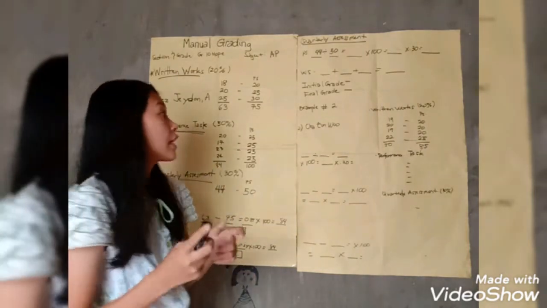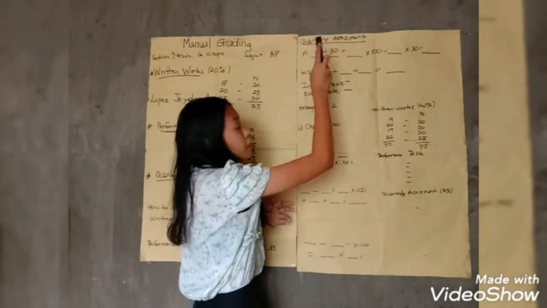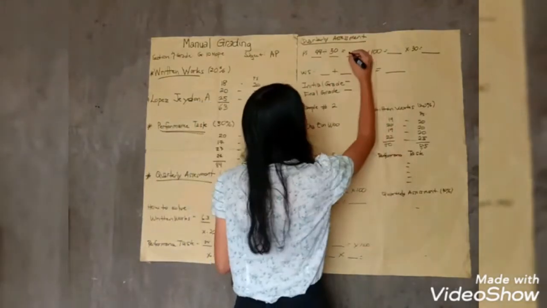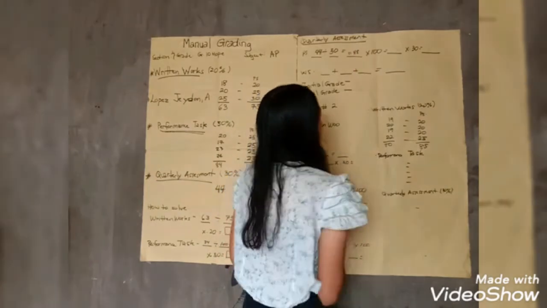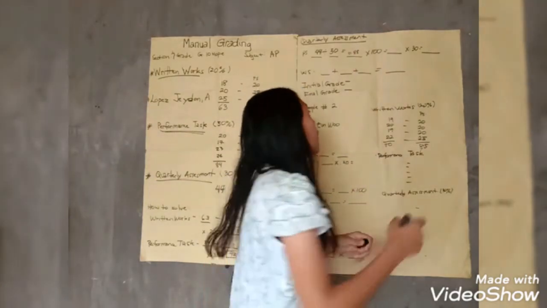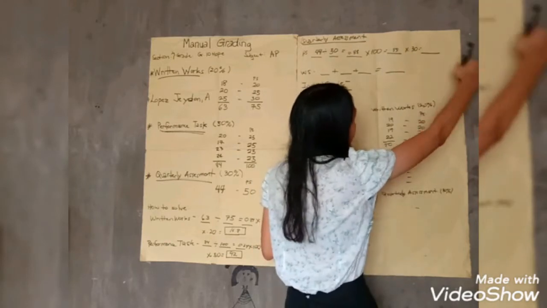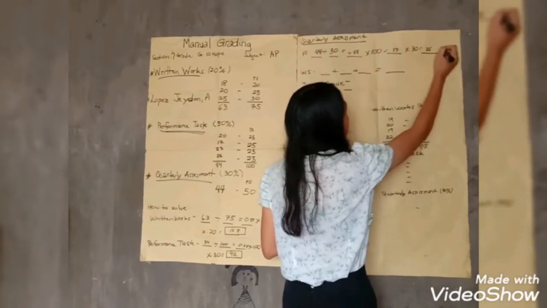And for the quarterly assessment, we got 44. So 44 divided by 50 equals 0.88. Multiplied by 100 equals 88. Multiplied by 0.30 equals 26.4.